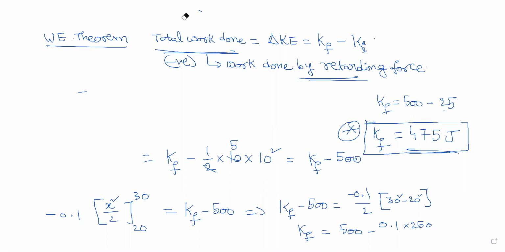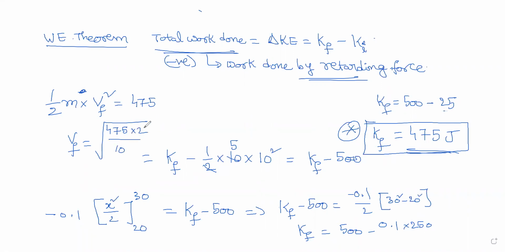And now final velocity. So half m v square, v final square, that is equal to 475, right? So V final is equal to square root of 475 into 2, the mass is 10.